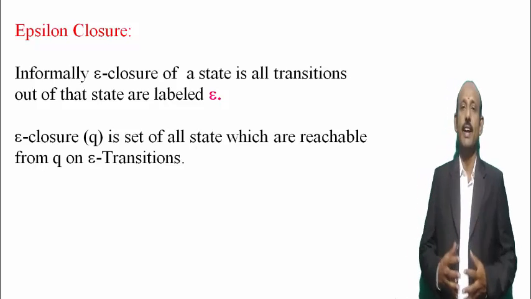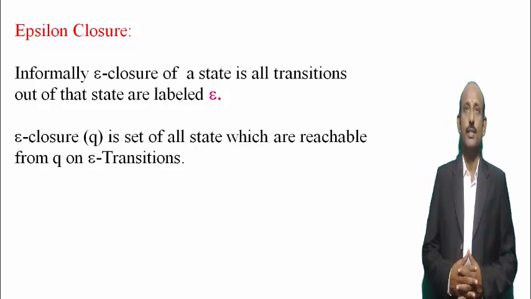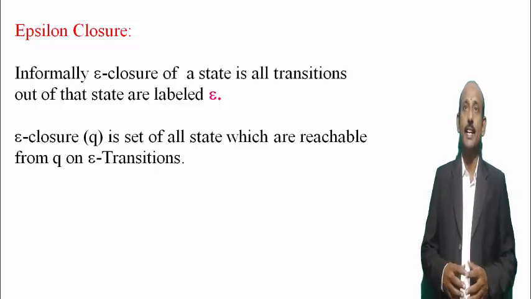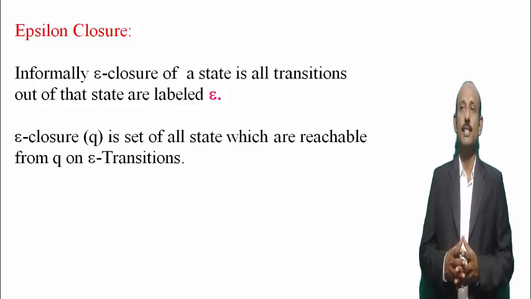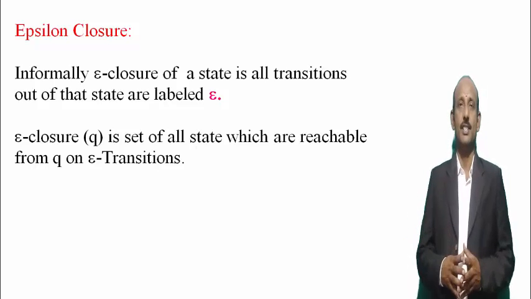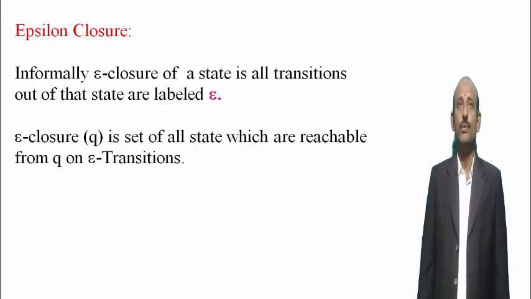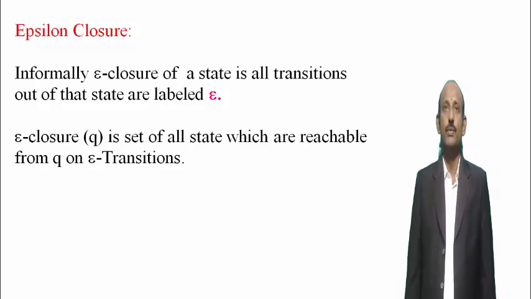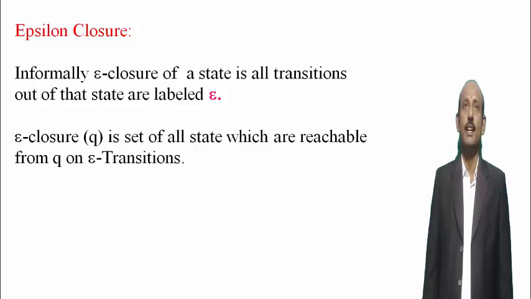So how can we find the epsilon closure? The epsilon closure of a state is the set of all states which are reachable from state Q on epsilon transitions. That means we can go for computing this epsilon closure. First, let's take the epsilon closure for this finite automata.